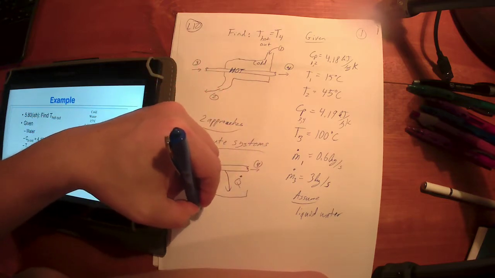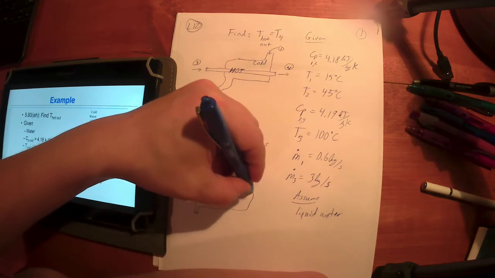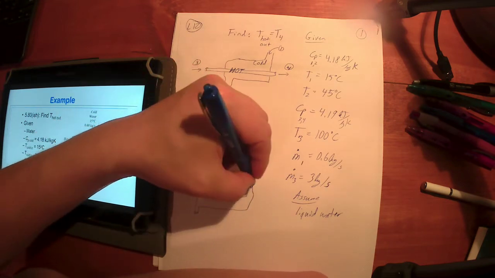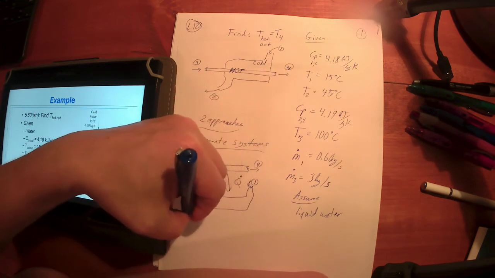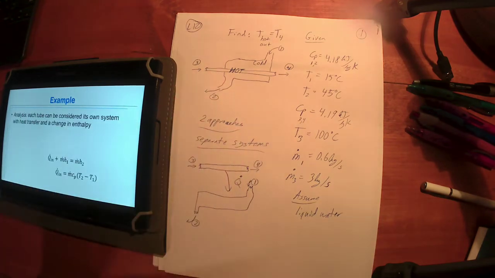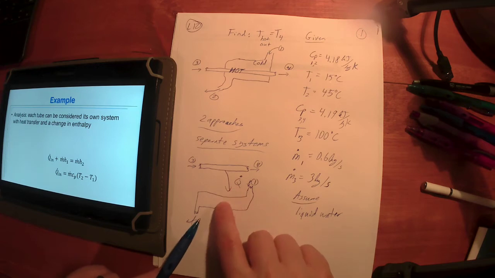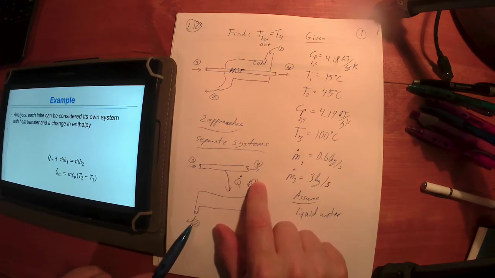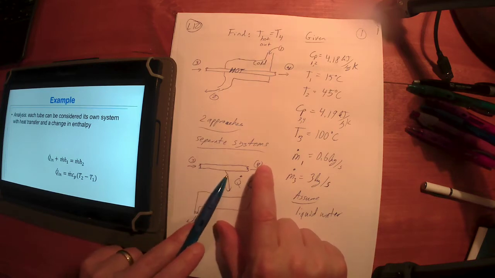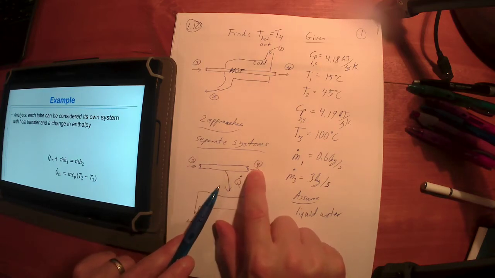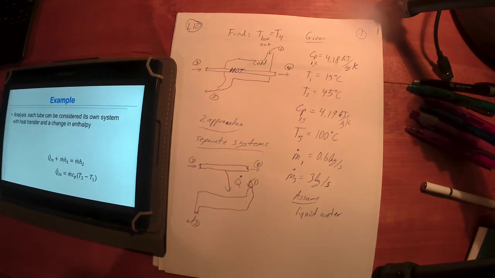So the heat is going into the cold system, coming out of the hot system, this being 1 and 2. So I could say Q for the cold system, I could say Q in plus the energy of the mass in minus the energy of the mass out. For the hot system, I could say the energy of the mass in minus the Q out minus the energy of the mass out, and it's the same Q for the two of them. Okay, so that's one approach.